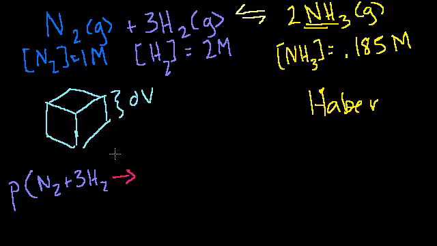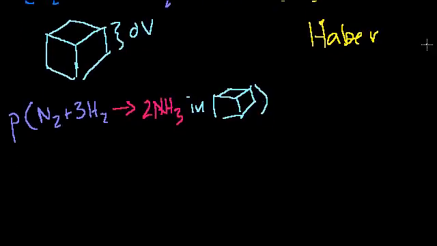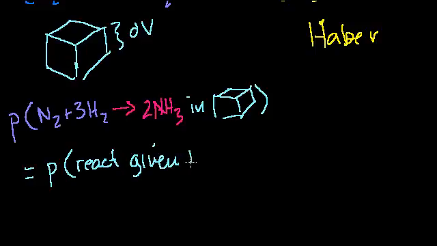I just want to give you the intuition that it's equal to some constant related to their concentration. So the probability of going in that direction to 2NH3 in our little box, I claim, and I think this will hopefully make some sense, is equal to, first, the probability that they react given that they're in the box.